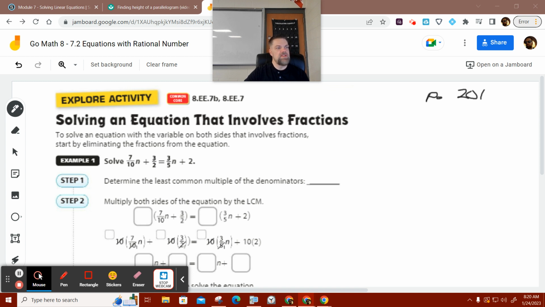Let me back up. What we did in the last section was we solved equations, right? But when you add fractions to the equation, that opens up a whole other can of worms, because now you've got to figure out how to solve the equation.